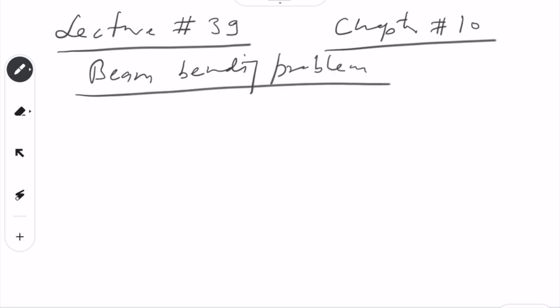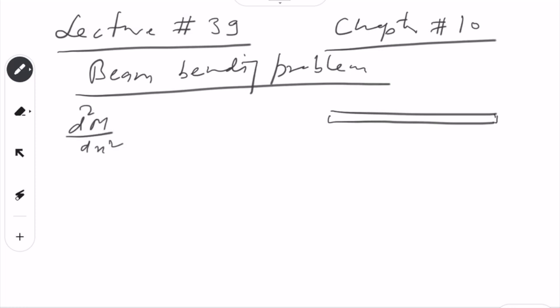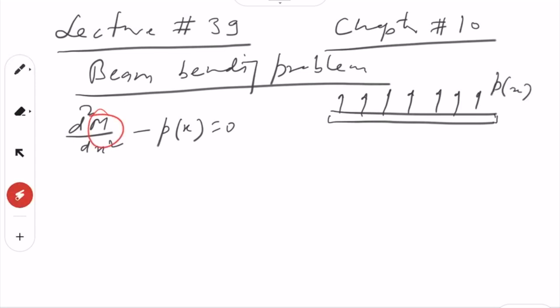Okay. So far we looked at a beam which has some boundary conditions and equations. We found out the equation was d square m over dx square minus px equal to 0, where p is the loading, distributed loading like this one, m is the bending moment, and then we did further expansion of this term.